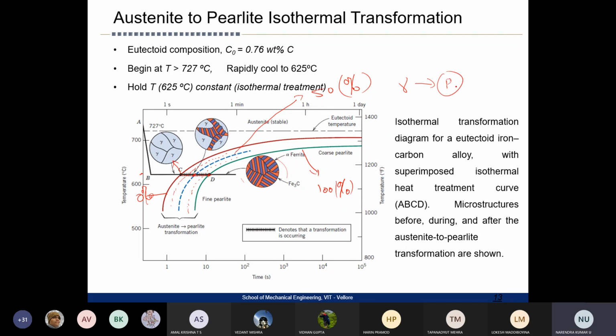If the transformation occurs from pearlite to something else, again it has to go back to austenite, and you have to do another cooling method or another time-temperature transformation. Then only you can change it. So once this is converted, although at 650 degrees Celsius, nothing further is going to be done with that. You are only going to cool it to room temperature. That is the final microstructure you get in your material when you transform at 650 and above, below 727.